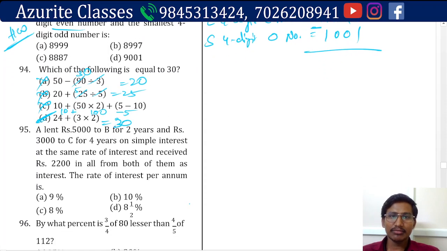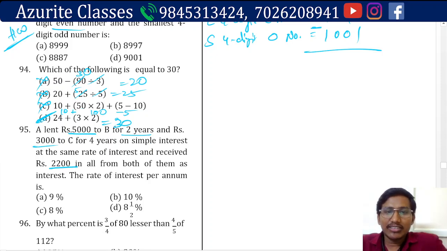Now let us go to question 95. A lent 5,000 rupees to B for 2 years, and 3,000 rupees to C for 4 years on simple interest. At the same rate, the interest received is 2,200 in all from both of them.